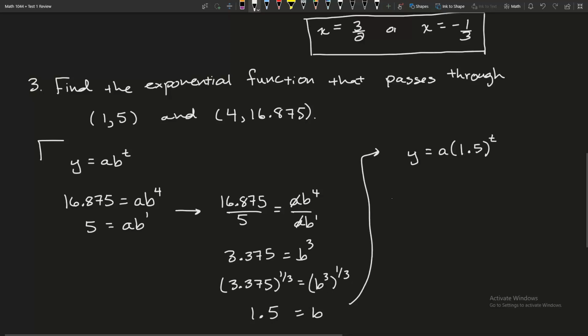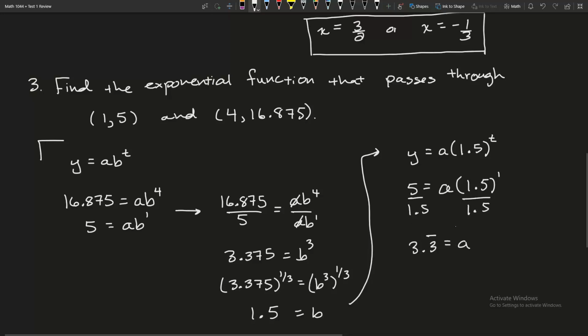What we want to do is plug in one of our 2 points and solve for a. So let's plug in (1, 5). So 5 equals a times 1.5 to the first power. We just need to divide both sides by 1.5, and we get our value of a, which is 3.3 repeating. Or you can convert that to a fraction as well.